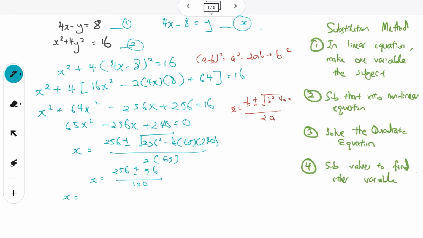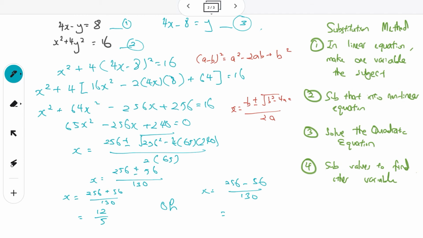X therefore equals 256 plus 56 over 130, which equals 12 over 5. Or, and note there are two values here, x equals 256 minus 56, because the equation here is plus or minus, meaning here it can be either plus or it can be minus. Therefore, there are two possible values.